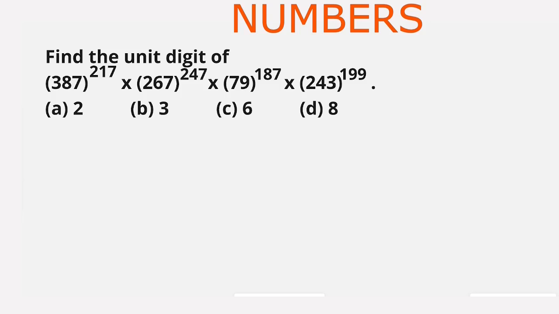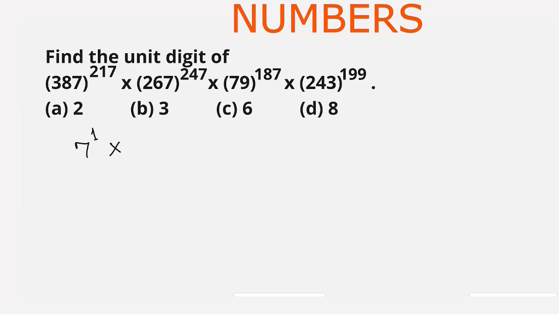So we divide 217 by 4, and whatever is the remainder, we will take the power of that for 7. So the last two digits of 217 are 17, and we divide 17 by 4. 4 times 4 is 16, and 17 minus 16 is 1. So this will be 7 to the power 1 multiplied by 267.